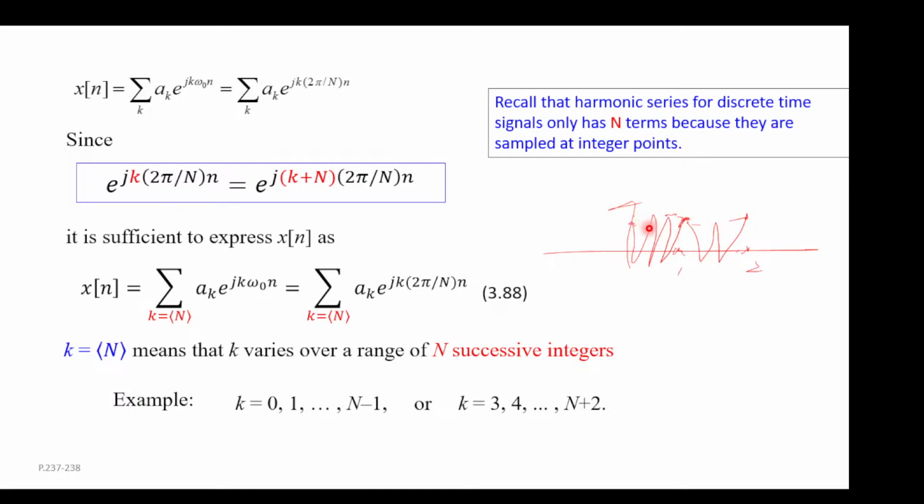So I should draw better here. Let's try to draw better. The idea is that we sample at the integer points 1 and 2.